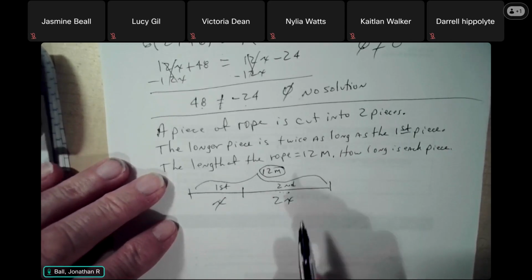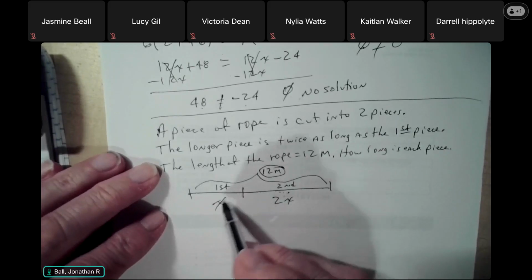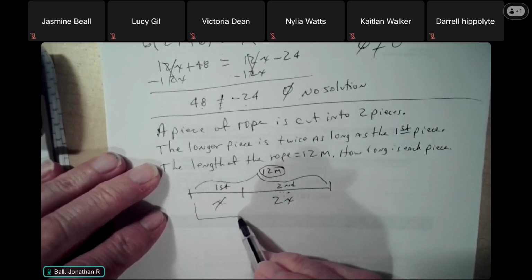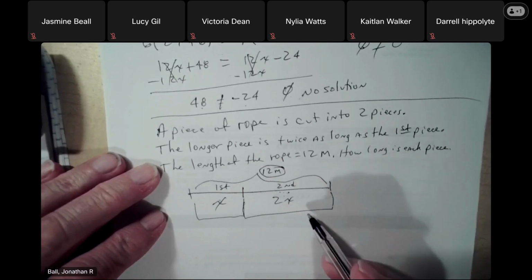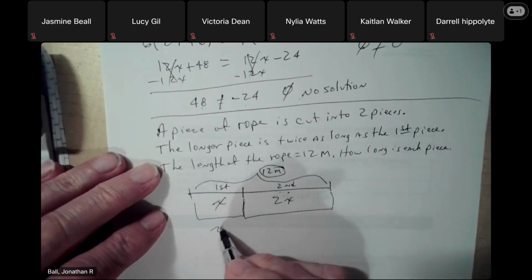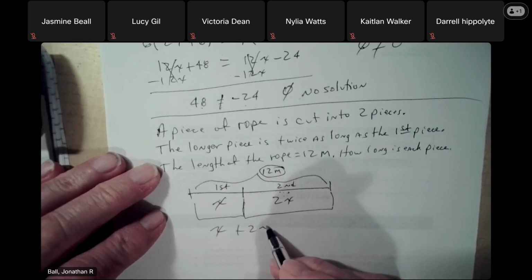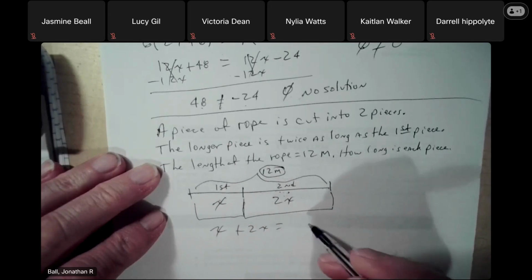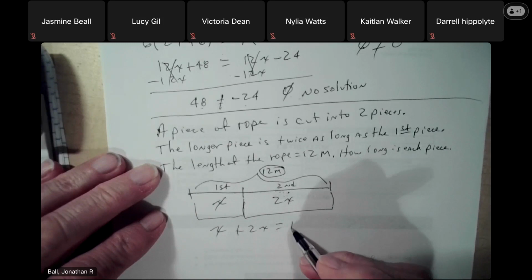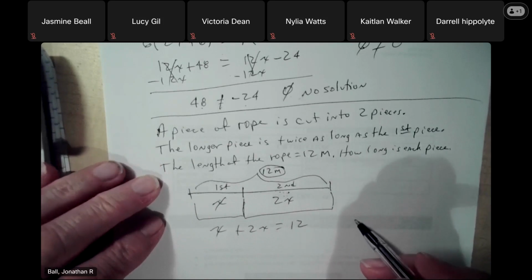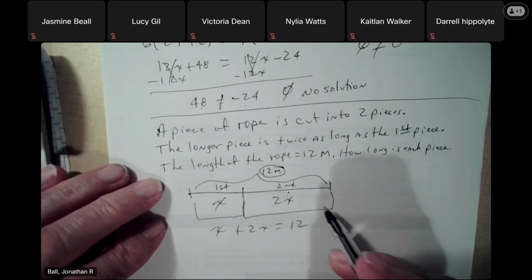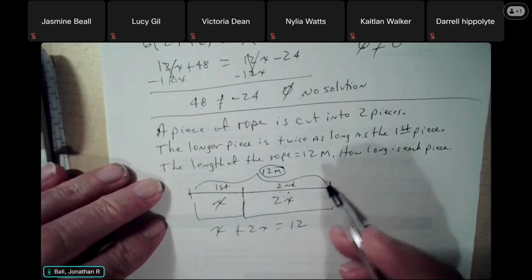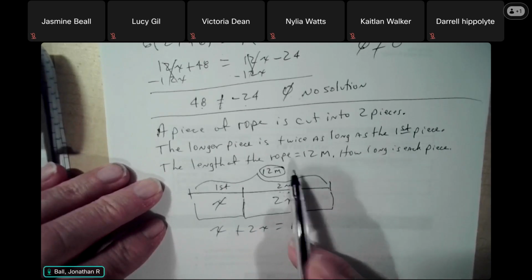Okay, so how are we going to find out what each one of these is? We're going to make an equation. This piece plus this piece, x plus 2x, is going to equal 12, right? You just add the two pieces together and they're going to add up to the overall length.